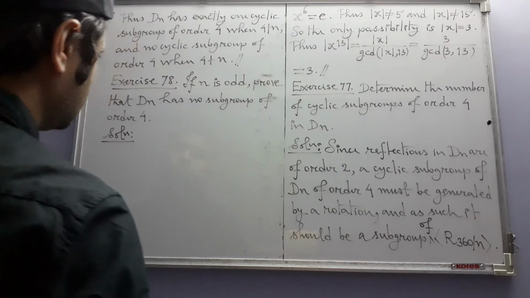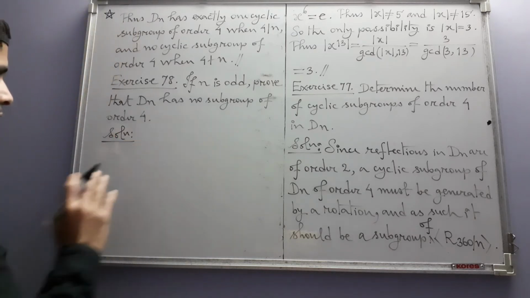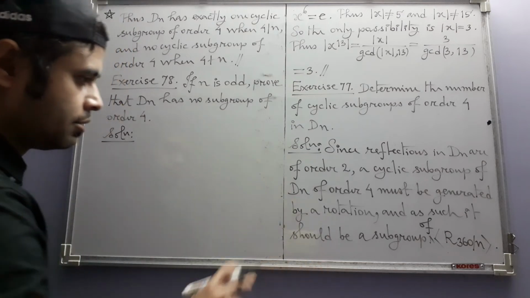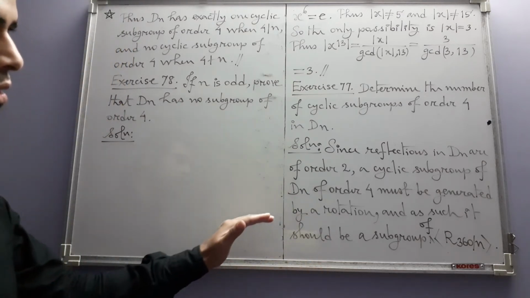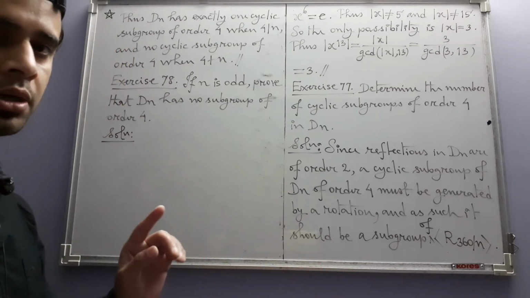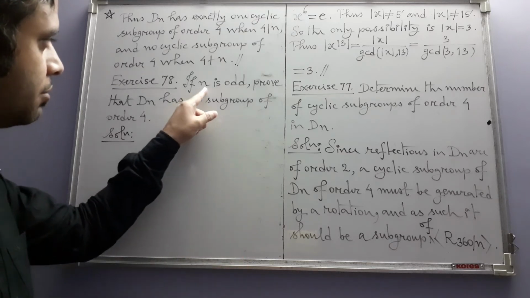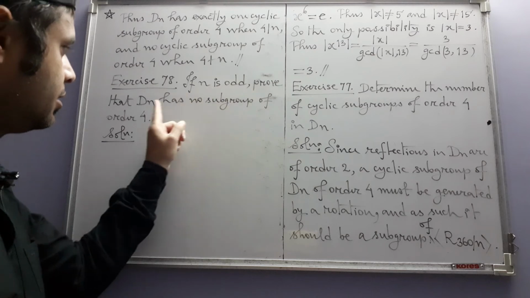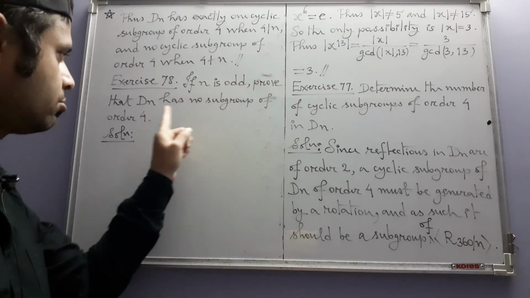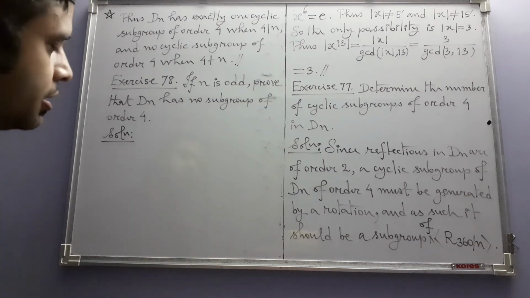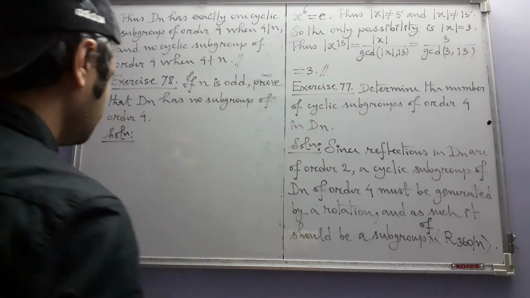So we will suppose that Dn has, see one more thing. In the previous exercise, we determined the number of cyclic subgroups of order 4. Here, however, we are saying that when n is odd, Dn has no subgroup of order 4, cyclic or non-cyclic, that does not matter. There is no subgroup of order 4.